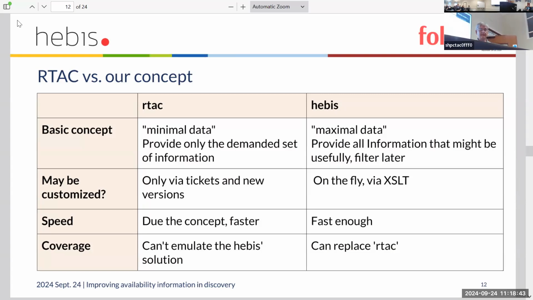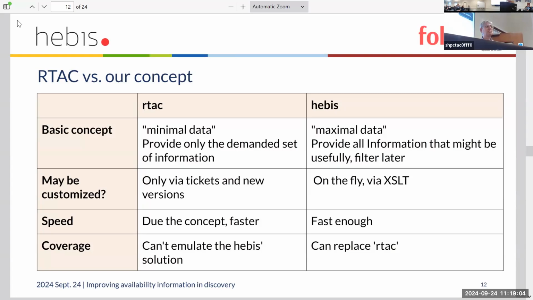So in this concept, the RTAC system can't be really customized. If you have a problem, you have a solution: it's open source, you can change the software, but in fact, normally no one does this.